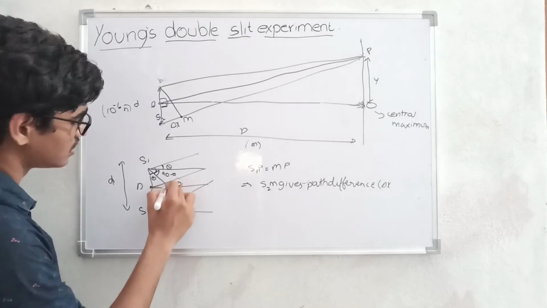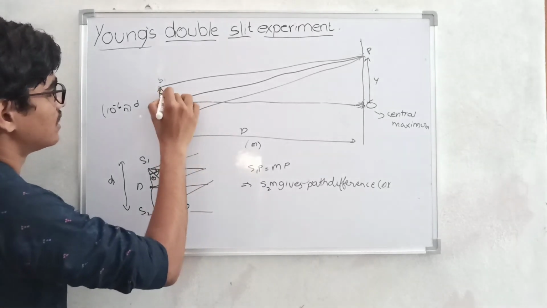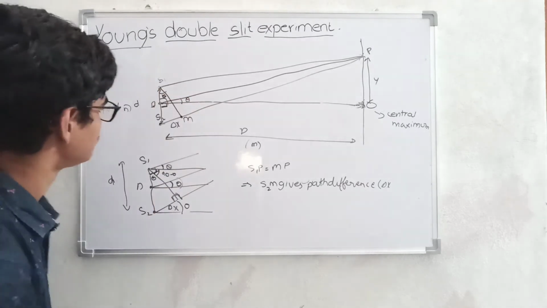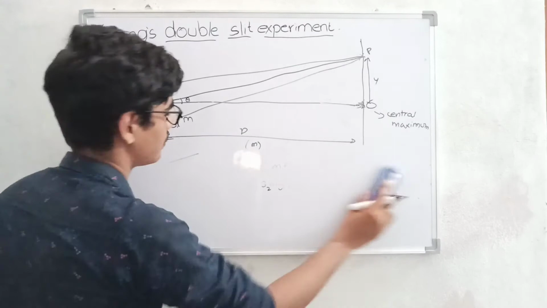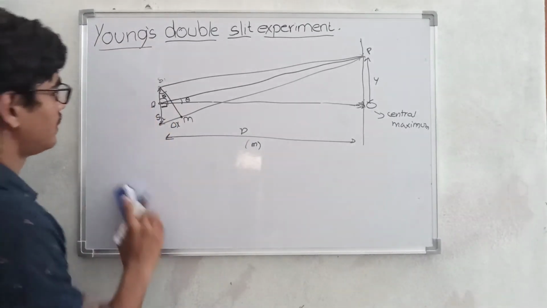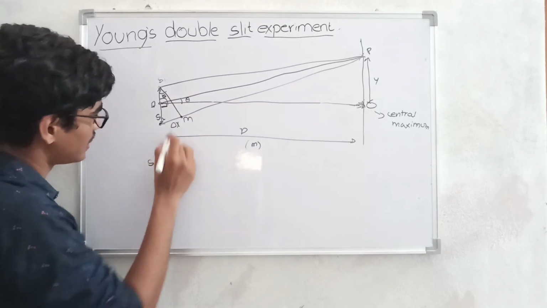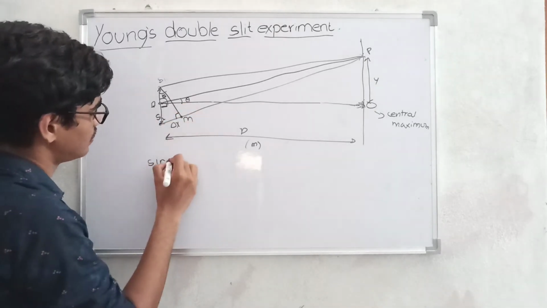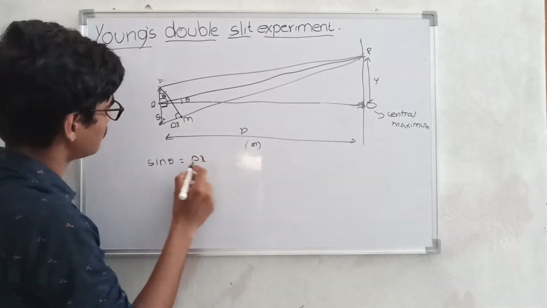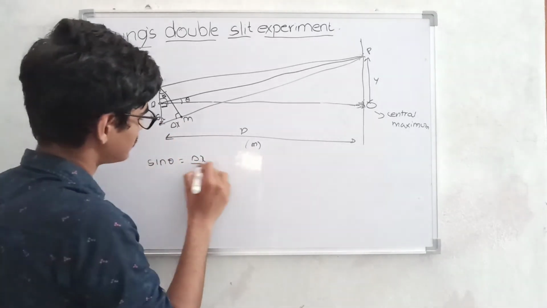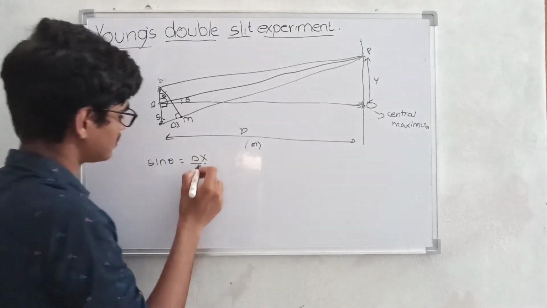We use only this angle as theta. Then, as this is a right angle triangle, sin theta is equal to delta x by small d.